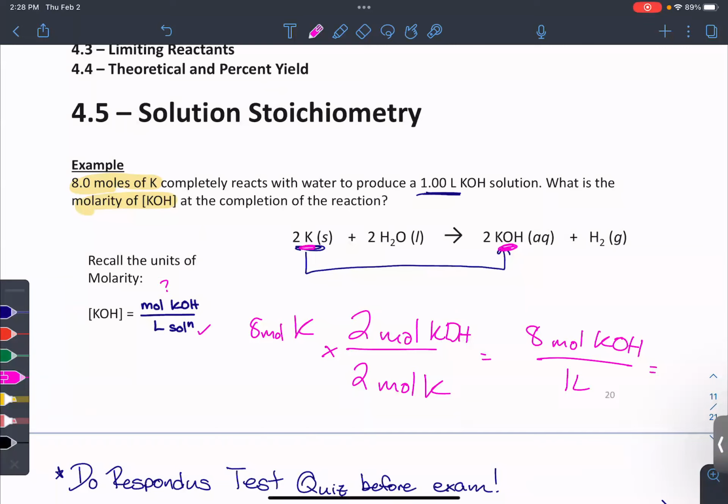So if we react 8 moles of potassium with water to produce 1 liter of solution, we should get an 8.0 molarity KOH solution at the end. Molarity is just a new unit we can use to convert between mole amounts and volume amounts, just like molar mass related mole amounts and gram amounts.